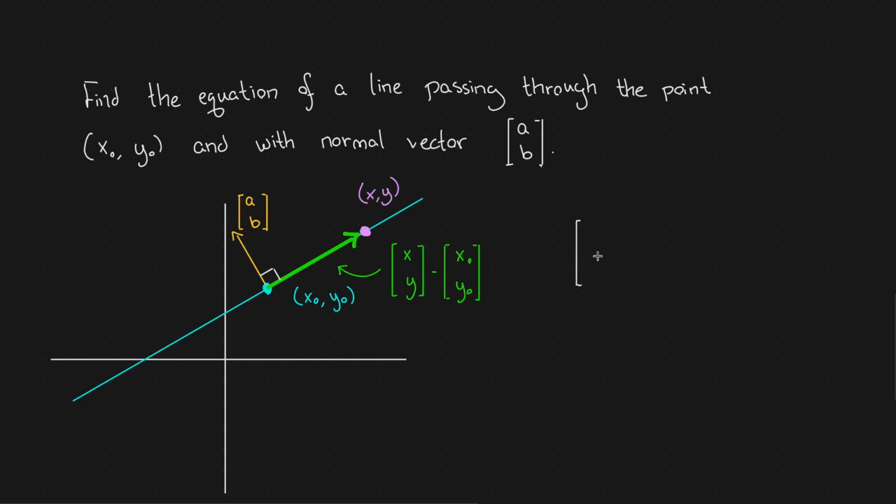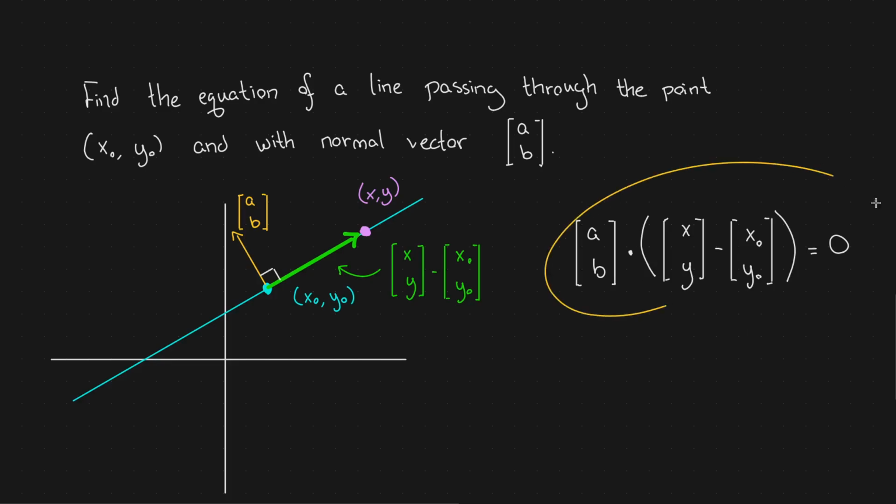So I'm going to use the same kind of logic, get my normal vector dotted with the vector parallel to the line, the one that points to some point on the line x, y. If I take the dot product of these two vectors, I still get 0. So now this is the general equation of a line in 2 dimensions written in vector form.